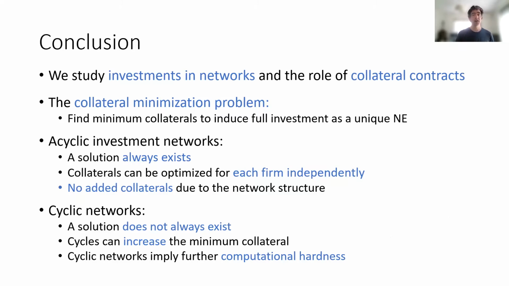And then collaterals can be optimized for each firm independently, ignoring the rest of the network. And there are no added collaterals due to the structure of the network. So the same collaterals would be given also in a non-network environment. And in cyclic networks, we show that the solution does not always exist, and cycles can increase the minimum total collateral that is required. And finally, in cyclic networks, cycles imply further computational hurdles.